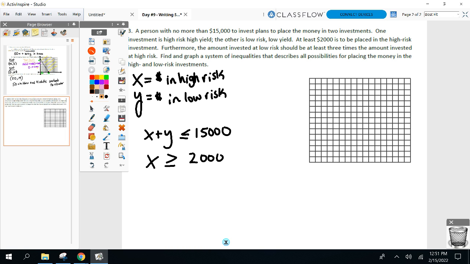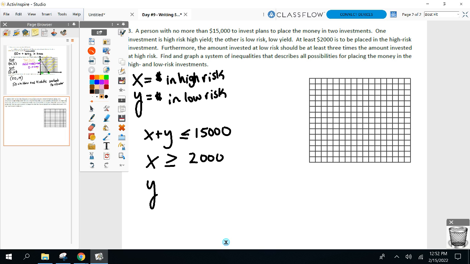Ready for the next one? And this is always the tougher one, right? The third one. The amount invested at low risk. Anybody want to stop me there? The amount invested at low risk: Y. Should be at least 3 times the high risk.